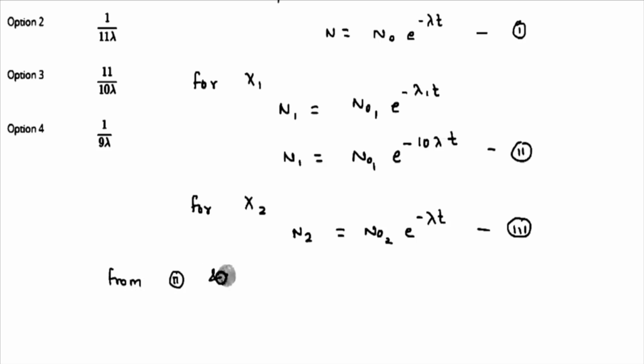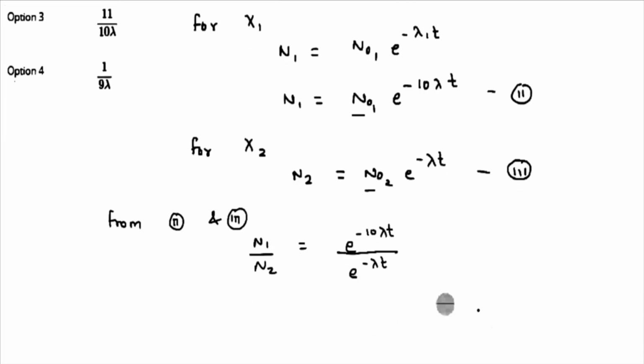From equations 2 and 3 we can say n1 by n2, and since the initial numbers, n naught 1 and n naught 2, have been given as the same, they can be cancelled out. So what we are left with is e raised to minus 10 lambda t divided by e raised to minus lambda t.